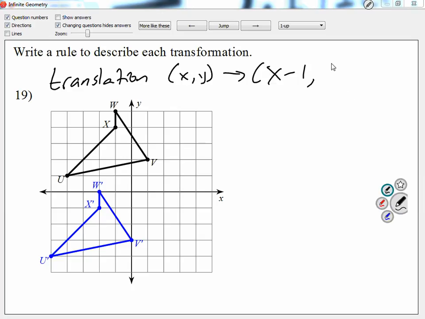So let me go y minus 5. If it helps you, follow any point. It doesn't matter which point you follow. If I wanted to follow the point U, I notice it goes 1 to the left and 5 down. Follow any point. If you follow the point W or the point X or the point V, they do the same: 1 to the left and 5 down. Because we know it's a translation, follow any point. Alright, any questions? No questions?